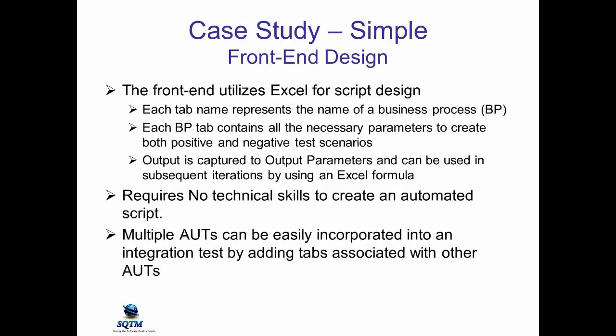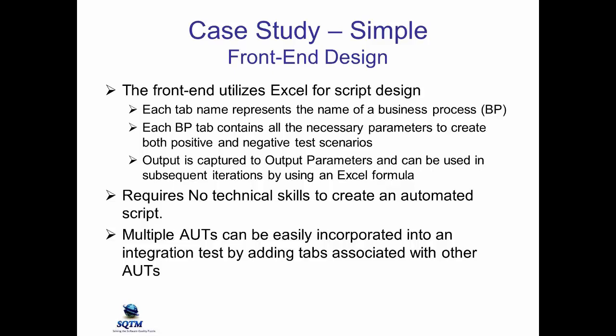All right. So the front end design, again, it used Excel, but it was simpler in its structure. The scripts themselves had multiple tabs. Each tab represents the name of a business process. So there's a login, there's create customer, modify customer, whatever it happens to be.